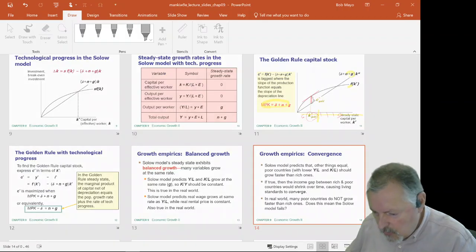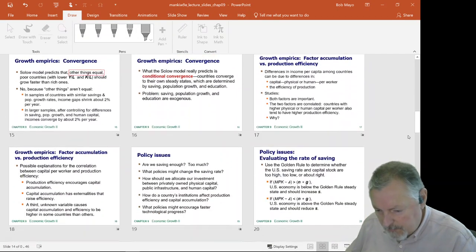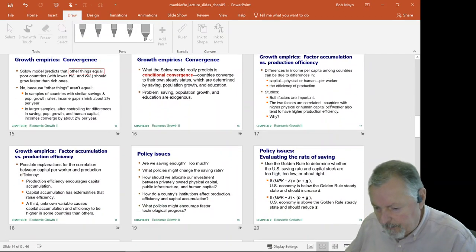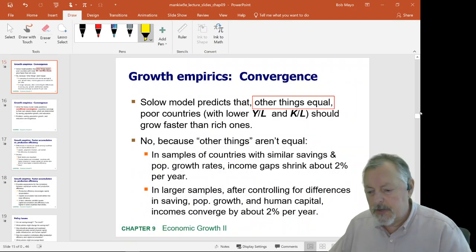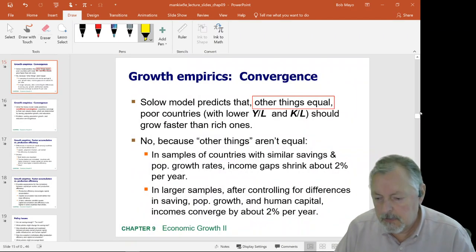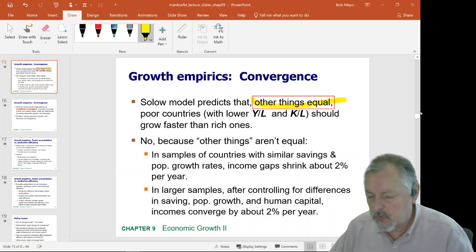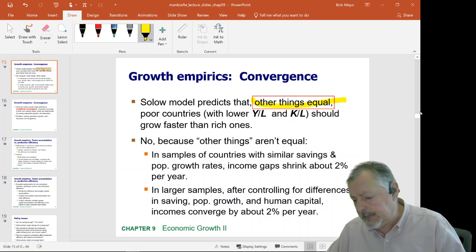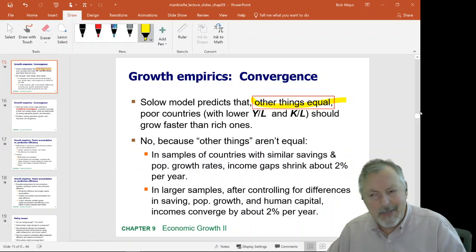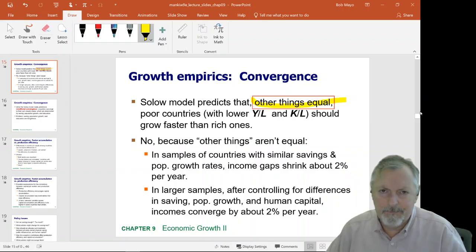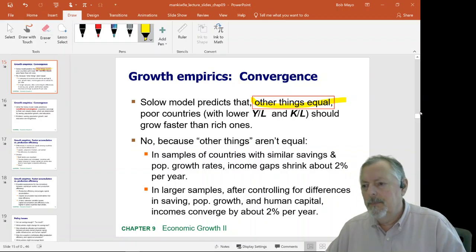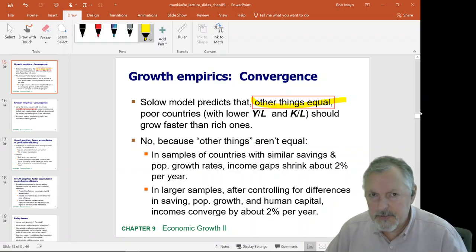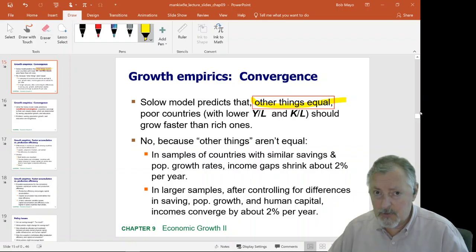I think you know the answer is no. The model assumes that would happen if all else was equal, ceteris paribus in Latin. But all things aren't equal. There are all sorts of other things that determine economic growth and thus the return to capital.